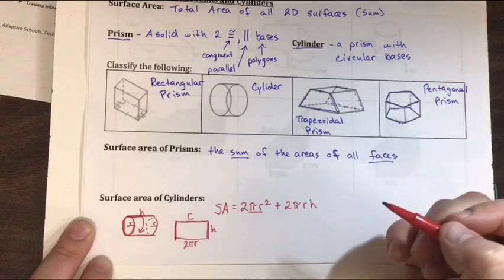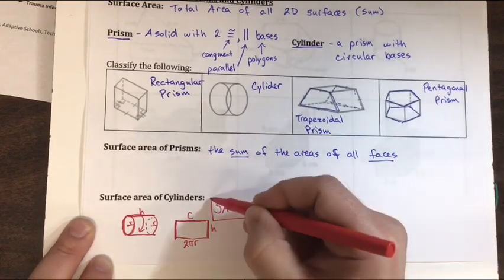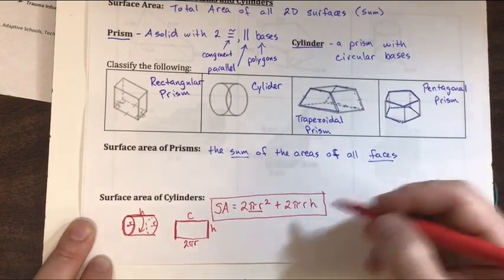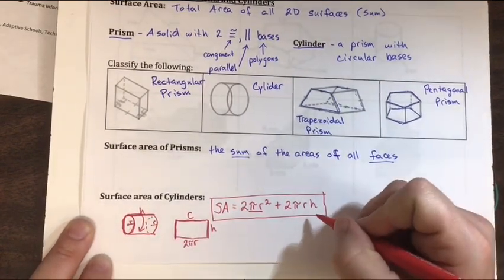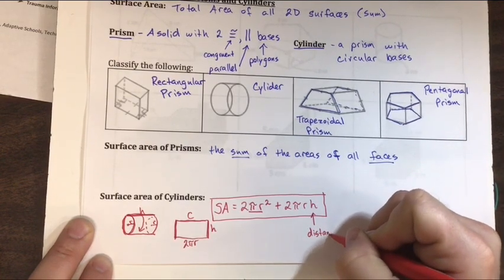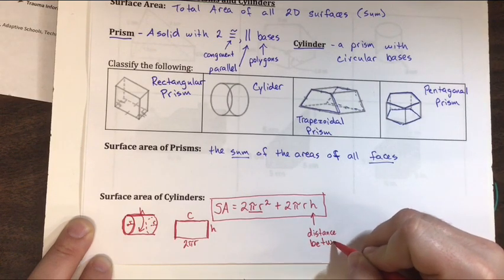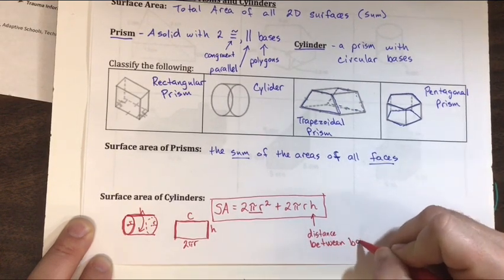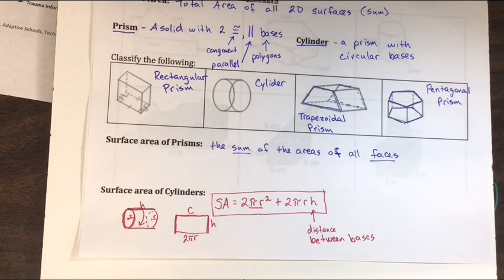And I'll show you that in a little more detail in class. But this is the formula for the surface area of cylinders. R is the radius of your circular base. H is the distance between those bases, or the distance between those circles.